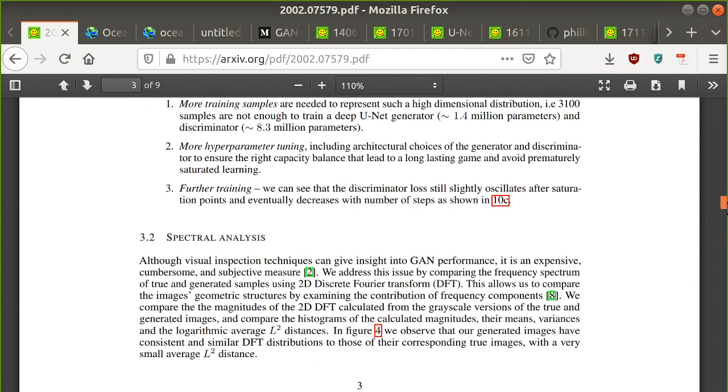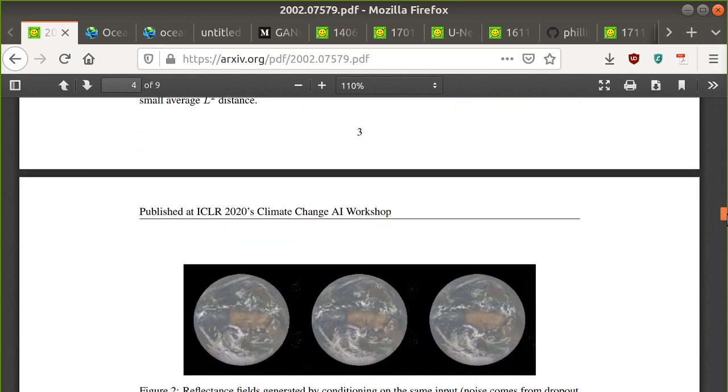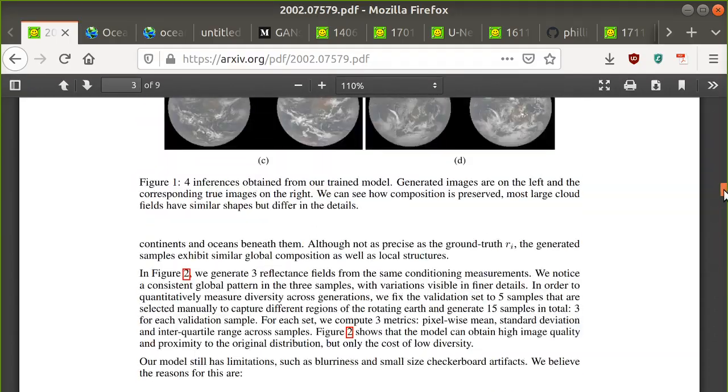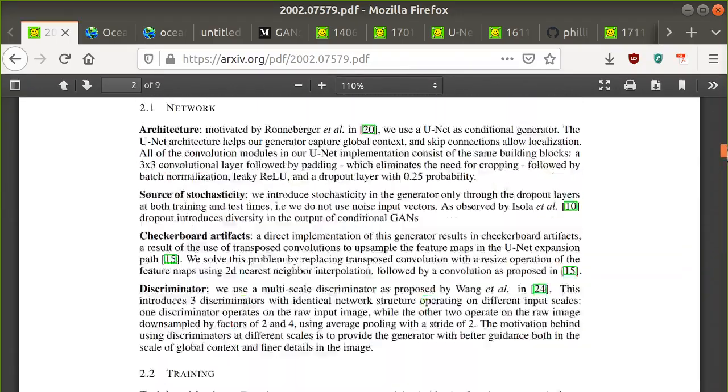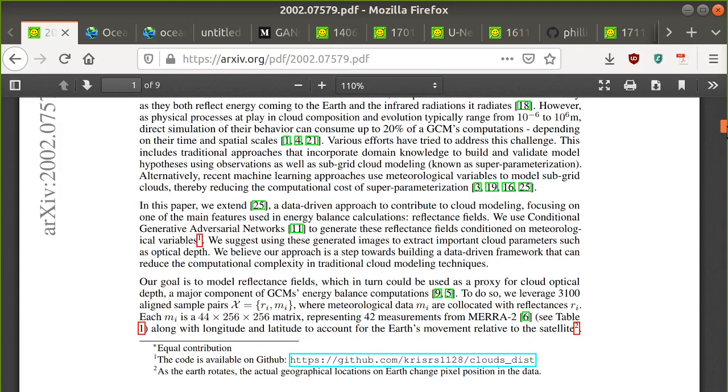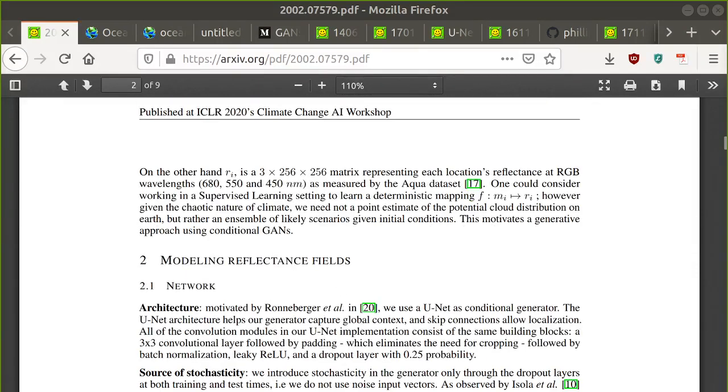So why do this in general? Why do we want sharp images of clouds? It's intuitively appealing. The reasons they give for it in the paper I think are a little vague, but I think sort of compelling. They say one could consider working in supervised learning. This is like a pure L1 or L2 supervised learning, just trying to make the pixels match.